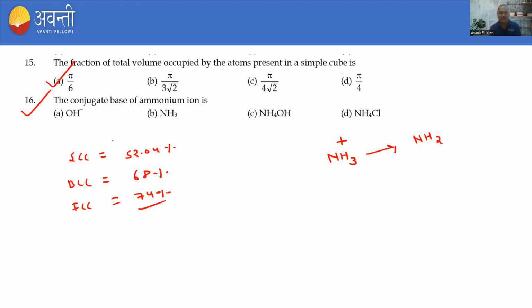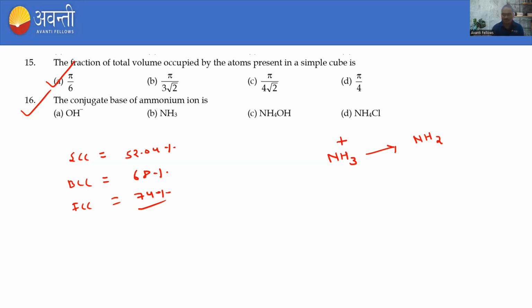NH2. Now again, conjugate base of ammonia they are asking. So it's a very important thing, you need to calculate both these things, right? Because in some questions they are also asking the conjugate acid of ammonia. So first of all, you need to know what we mean by the terms conjugate base of ammonia, conjugate acid of ammonia.